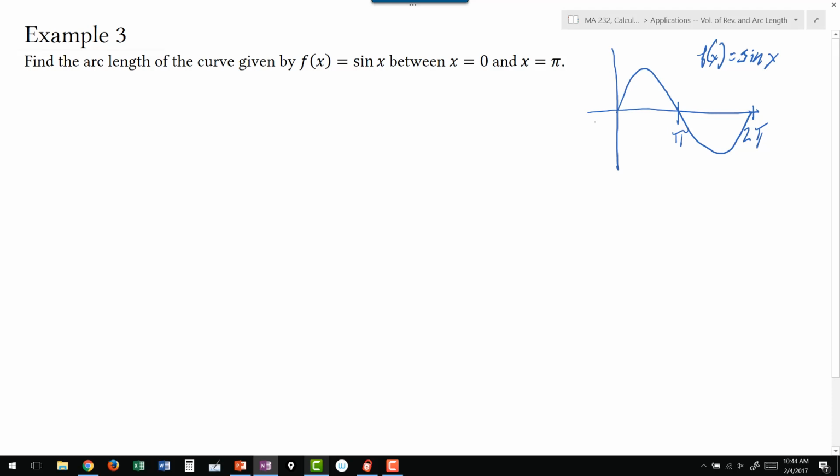Now the general arc length formula we know is given by the integral from some point A to B of the square root 1 plus the derivative of our function squared.